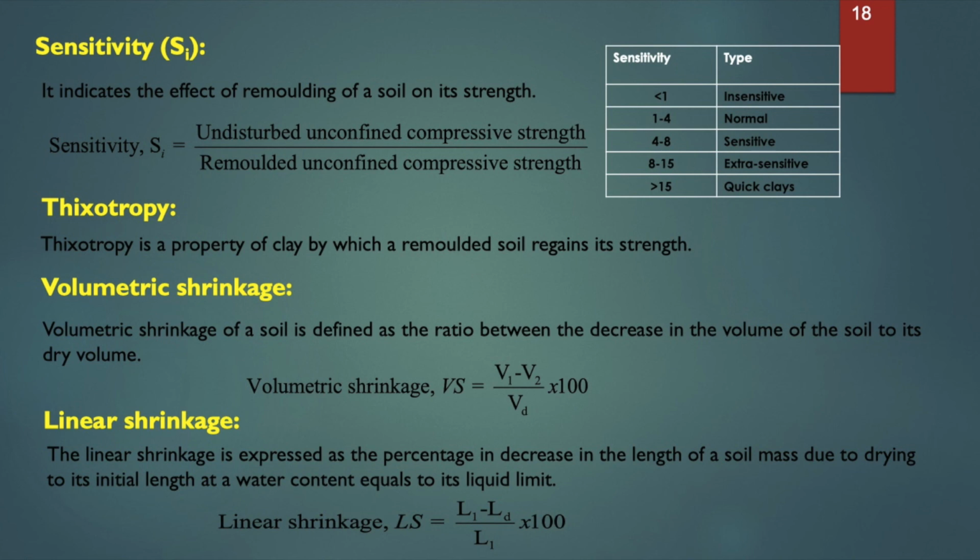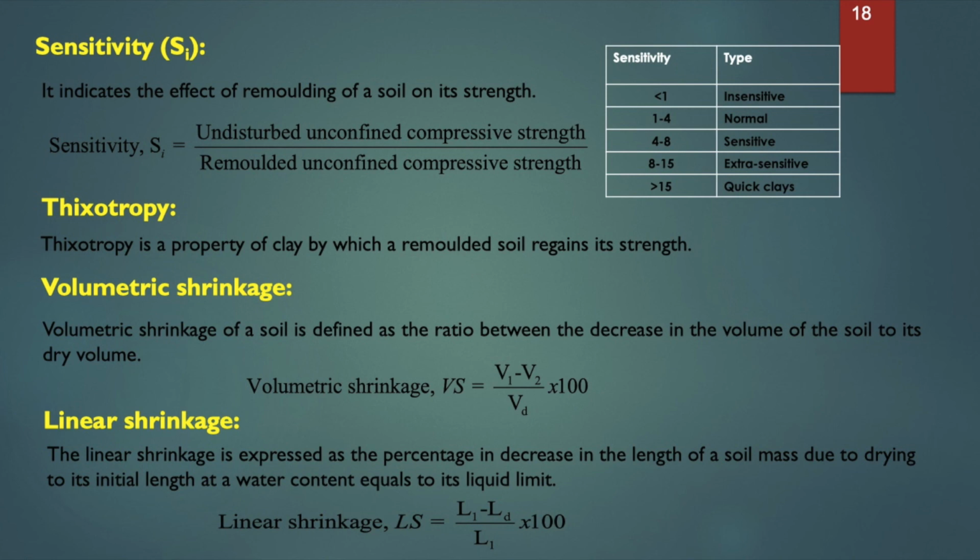When this sensitivity is less than 1, the soil is termed insensitive. When it is more than 15, it is known as quick clay. So, based on sensitivity, the soil type can be defined as insensitive, normal, sensitive, extra sensitive, and quick clays. Similarly, thixotropy is a property of the soil by which a remolded soil gains its strength.